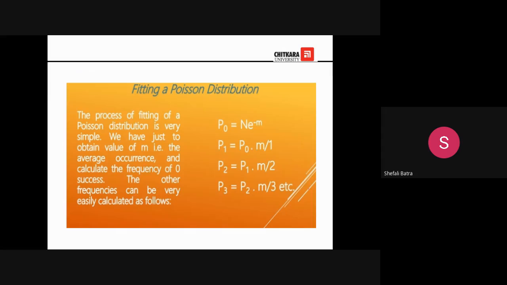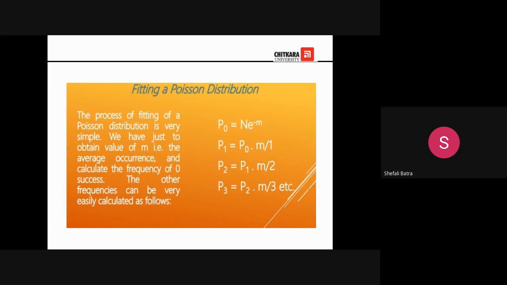Now come to the next, fitting a binomial distribution. The process of fitting a binomial distribution is similar to the binomial distribution. In the binomial distribution, we have the formula nCr, p power r, q power n minus r. So in that question, we need the probability of success as well as the probability of failure.